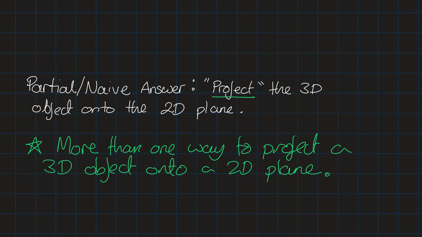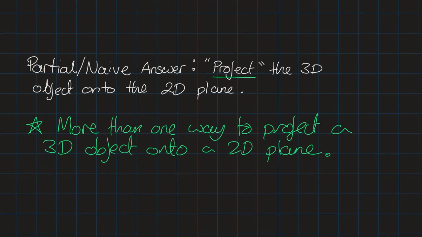There's more than one type of projection which you could use, and depending on your needs, depending on why you're trying to project a 3-dimensional object onto a 2-dimensional plane, will influence what type of projection you use.